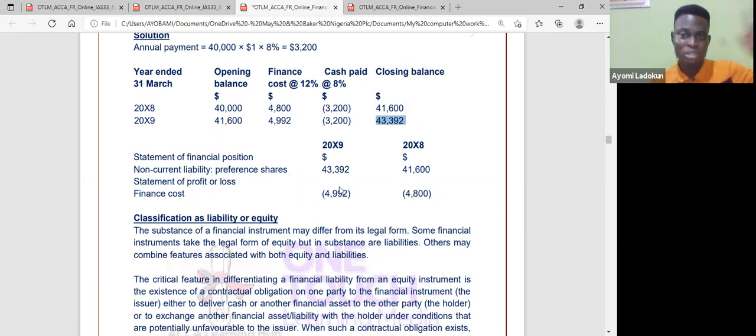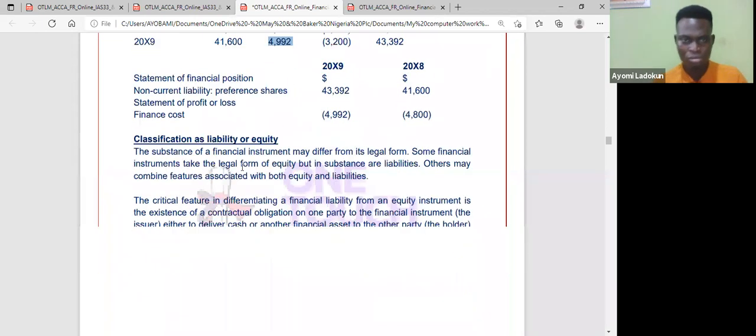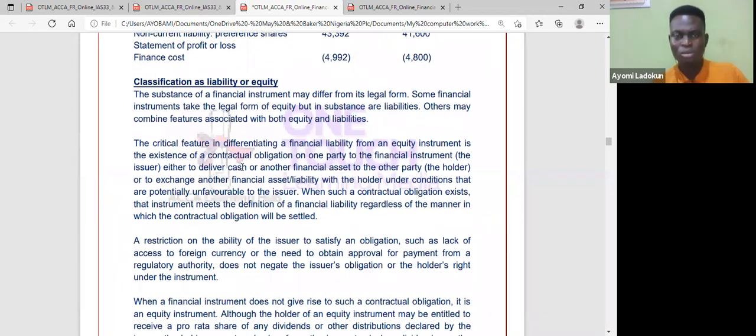Then in my statement of profit or loss, this 480 goes there, then 4992 goes there. That's what the examiner is asking you to do. Then how do I know the classification as liability or equity? Now, if you have a financial instrument, how will I know?